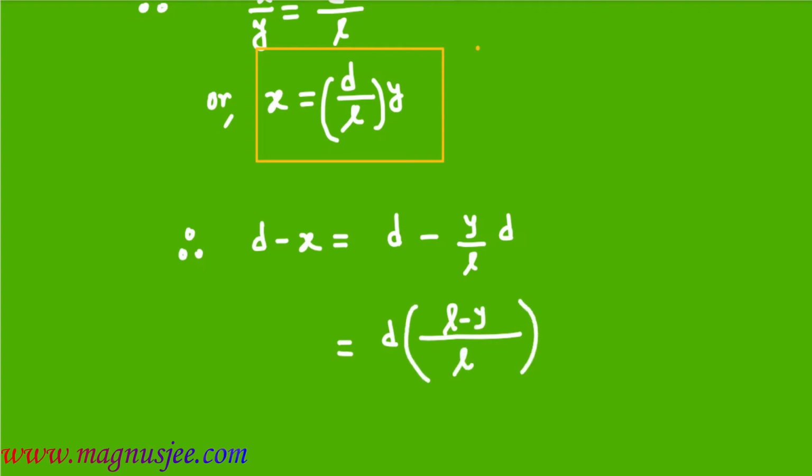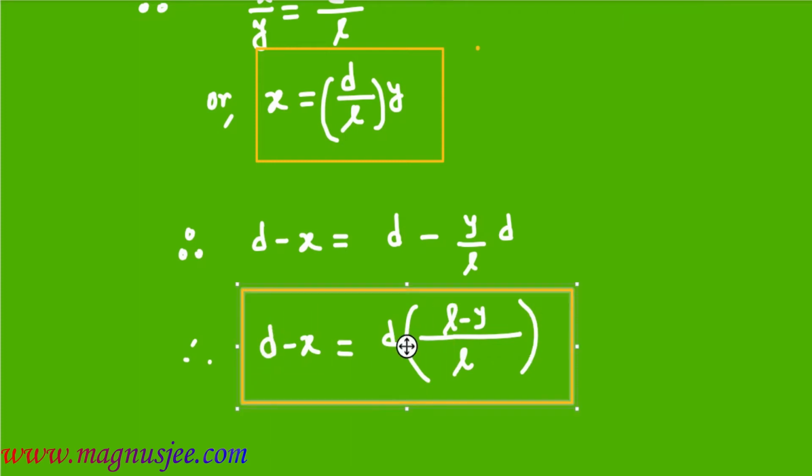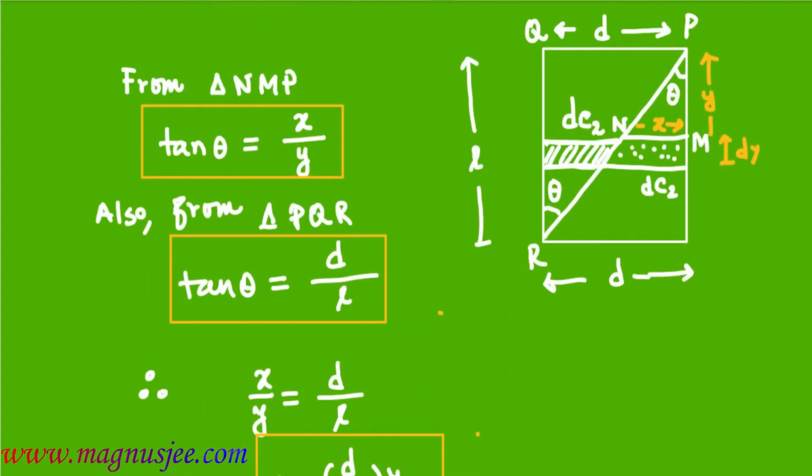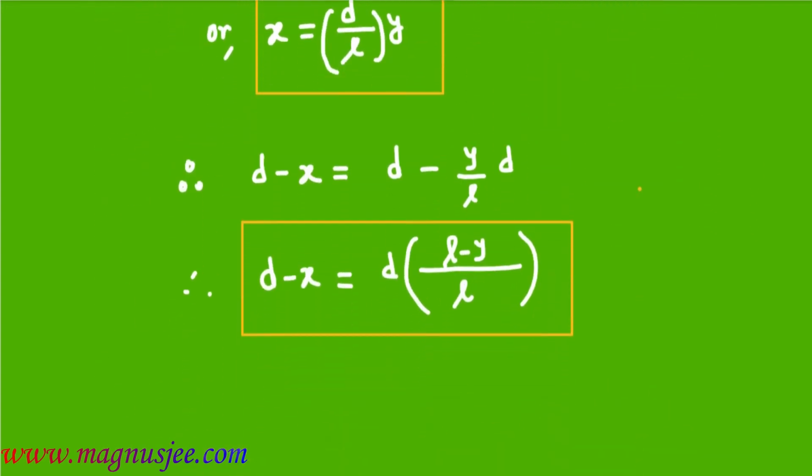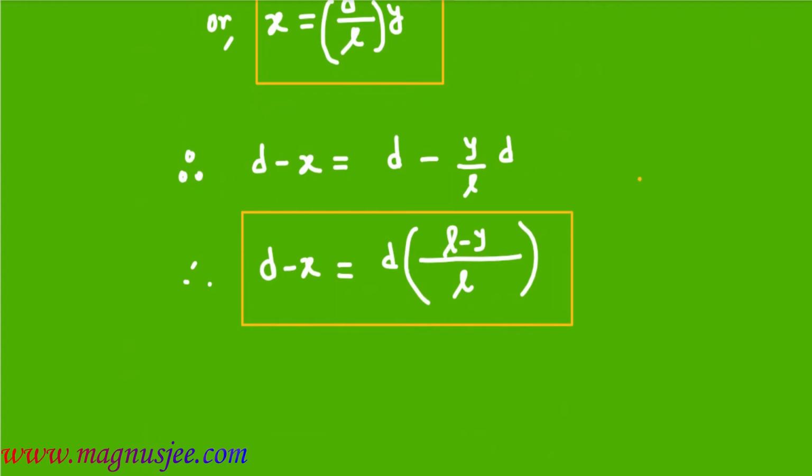That is the expression of d minus x. Now we can put the expression of x and d minus x in the expression of dC1 and dC2, so we can find the capacitance of the two elementary portions.